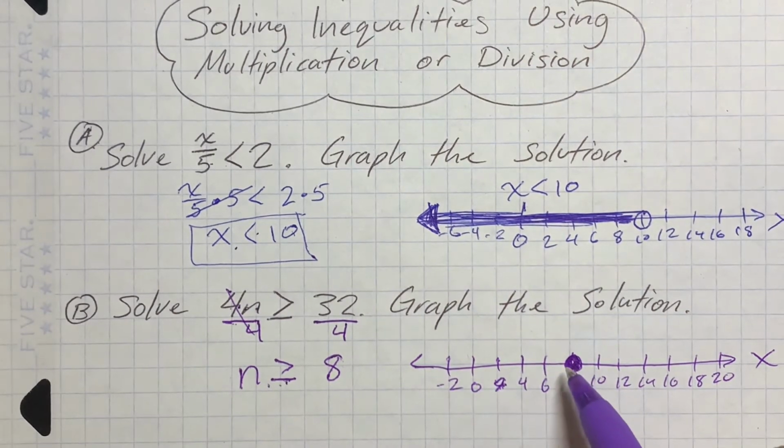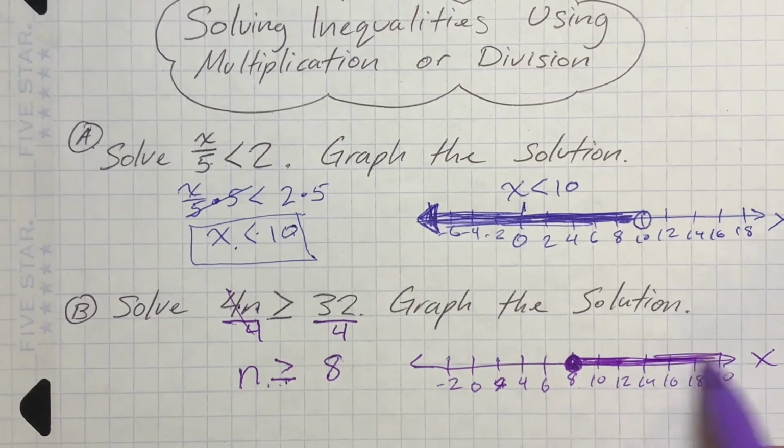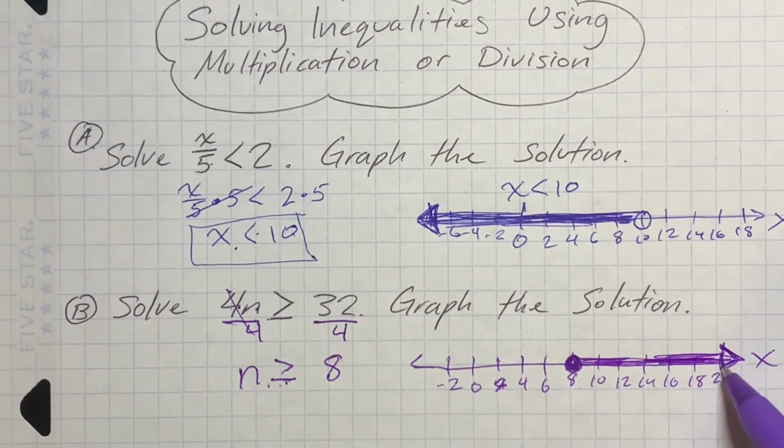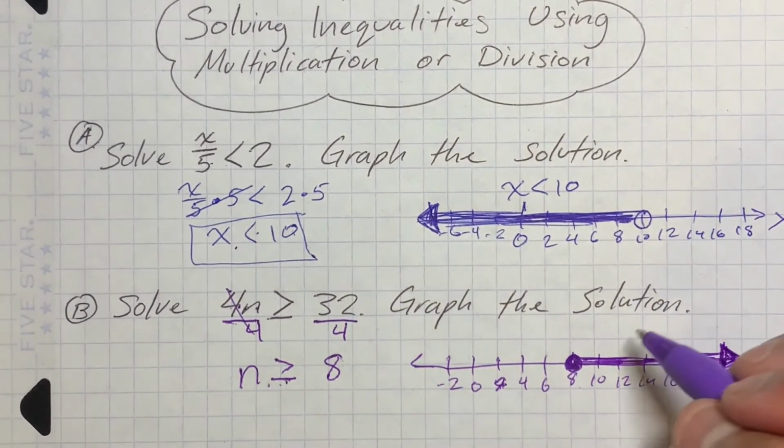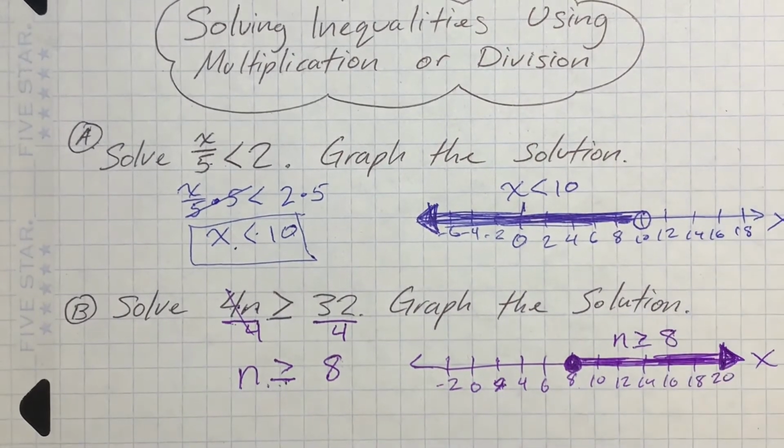All the numbers to the left of 8 are less than 8. All the numbers to the right of 8 are greater than 8. So we're going to color in to the right. And there you go, my friends. You have just graphed n is greater than or equal to 8 on the number line.